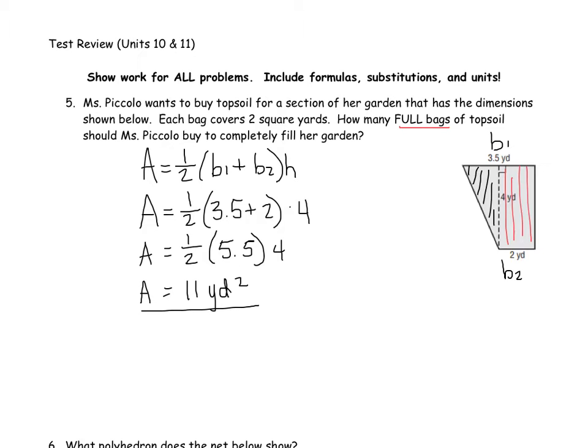When I go back to the question, it asks, how many full bags of topsoil should I buy to completely fill my garden? So if each bag covers 2 square yards, then what I will do is 11 square yards divided by 2 square yards, and when I do the math, I will get 5.5.